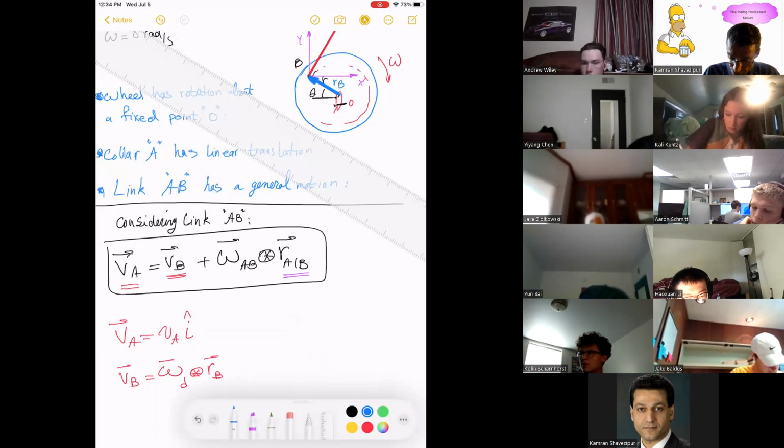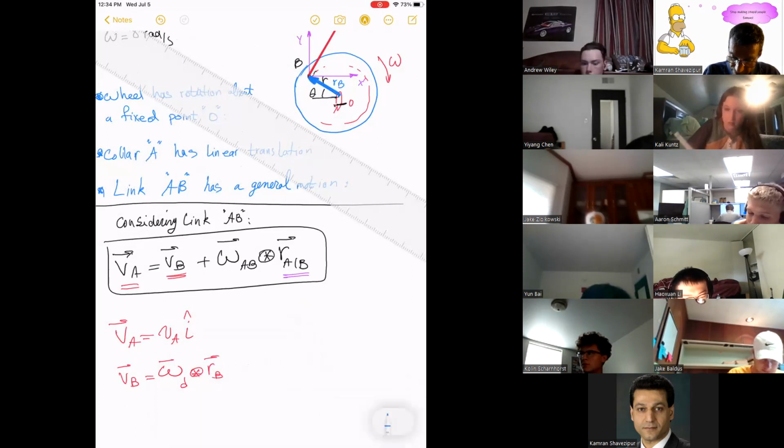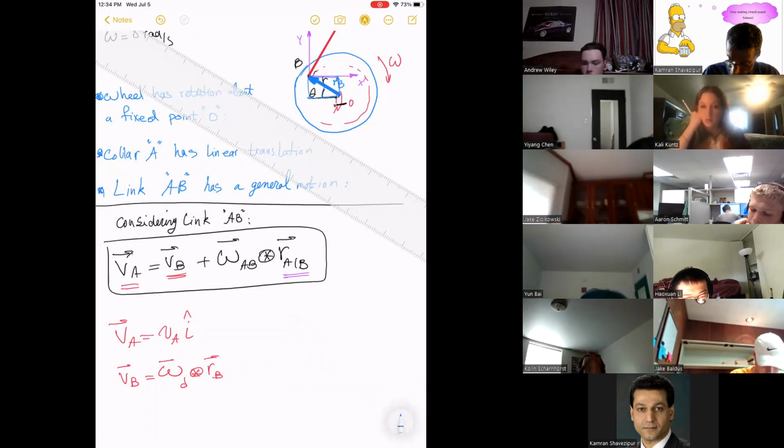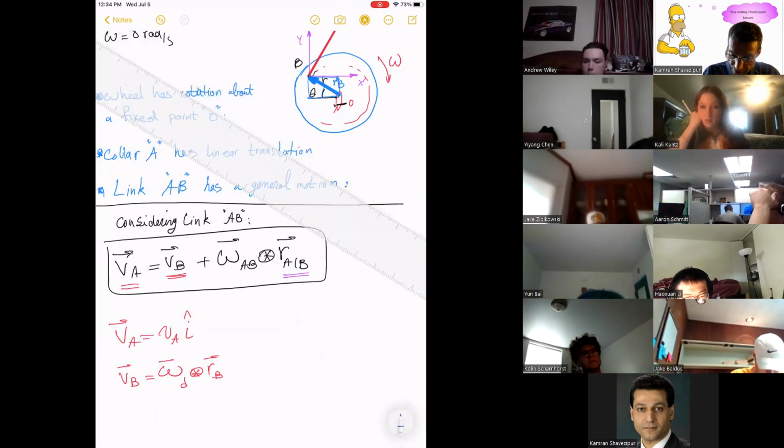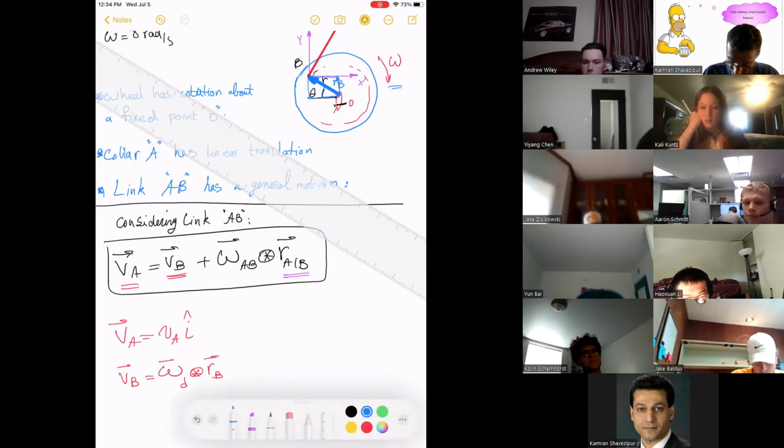Now, as a vector, RB is going to have X and Y components. If this is theta, how can I get RB? And by the way, first let's go with omega. Does omega go positive or negative?